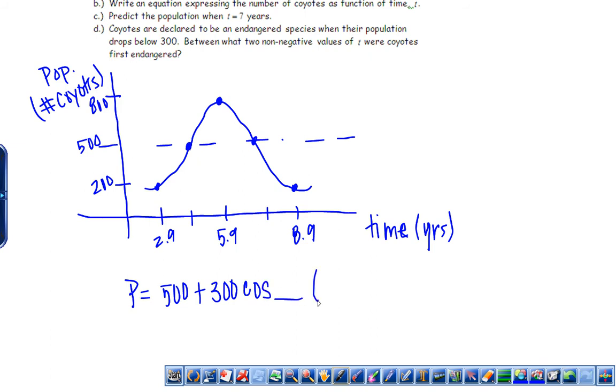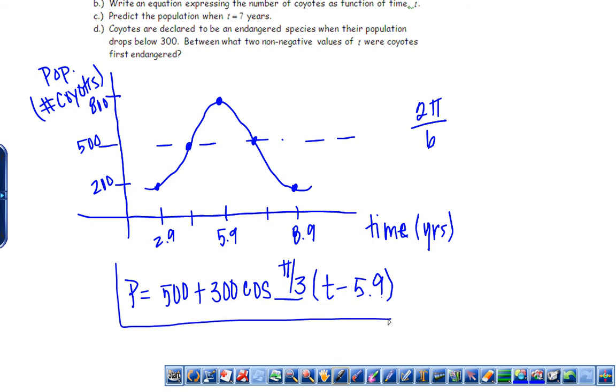Need to find our b, and this is going to be t, and since I'm shifting over to 5.9 because I want it to be positive, just to make it easier. You could start at 2.9 or 8.9. Our period right here is going to be 6, so that's going to be 2 pi over 6, which reduces to pi over 3. Okay, so this is B, our equation.